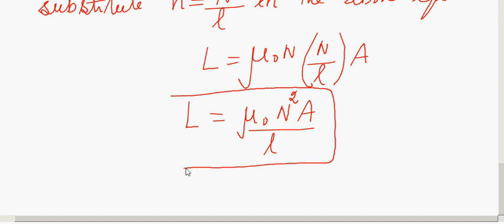This is the self-inductance of an air core solenoid.